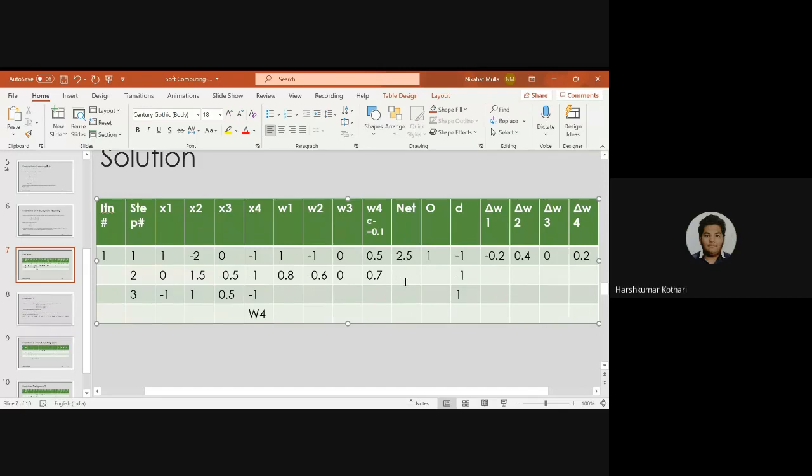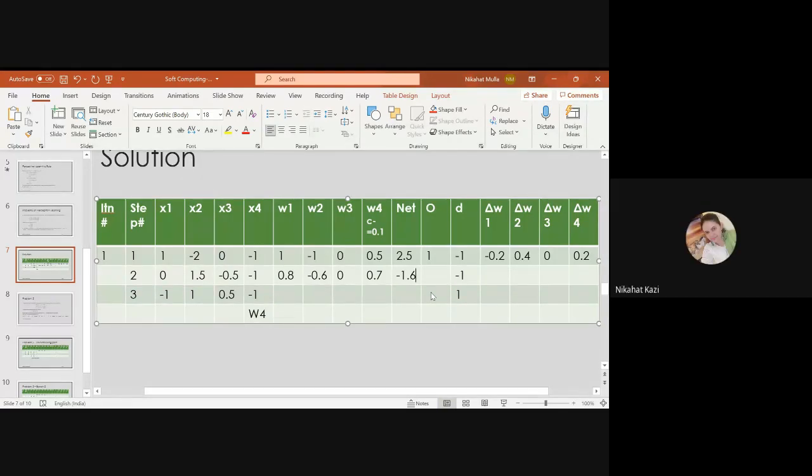Minus 0.9, and then this is 0, and this is minus 0.7. So it is minus 1.6, right? Yes, ma'am. Minus 1.6.